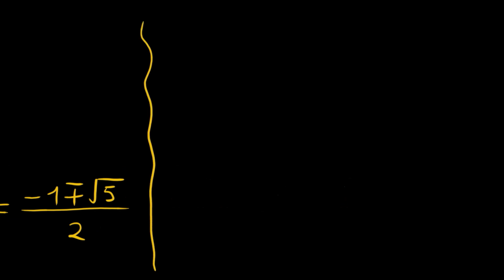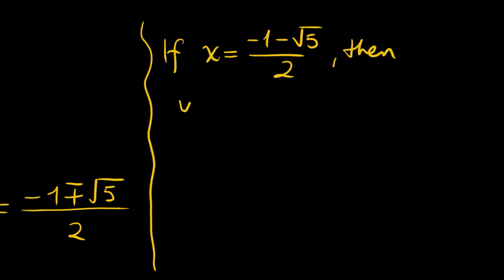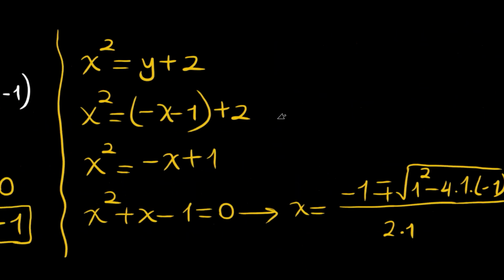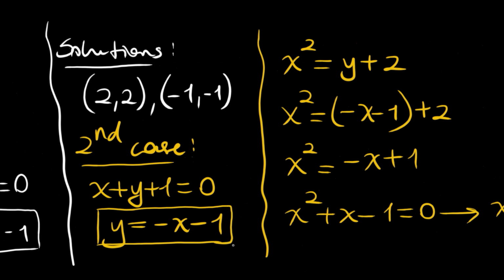Let's check, if x is equal to negative 1 minus the square root of 5, divided by 2, then y is equal to negative x minus 1. Y was equal to negative x minus 1.